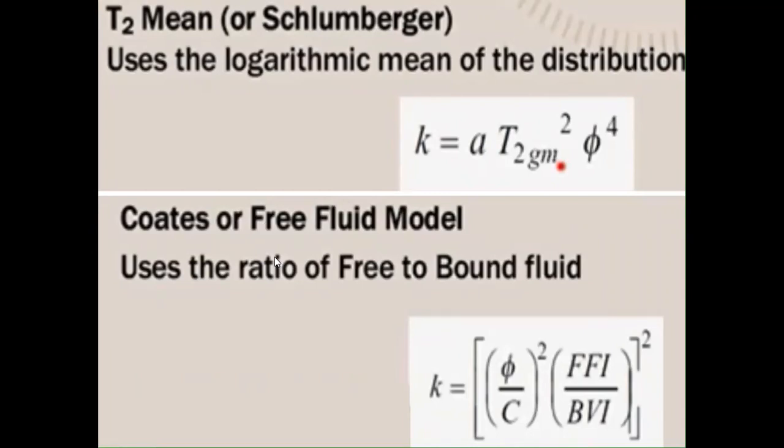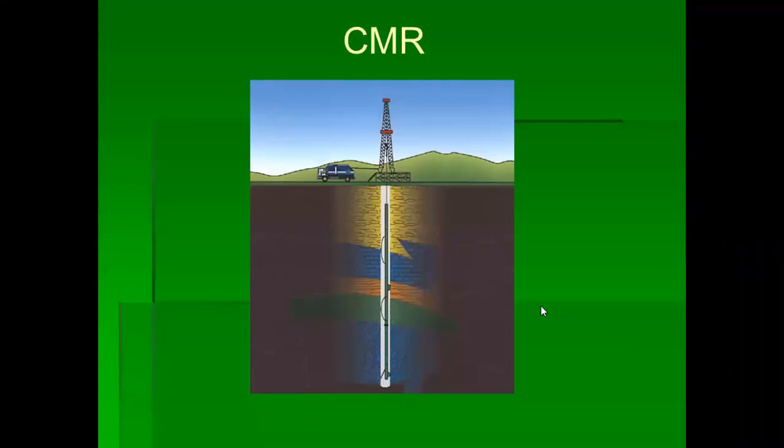The second model, or second equation, is called the free fluid model, which uses the ratio of free fluid volume to the bound fluid volume, and so permeability will be equal to the porosity divided by a constant C, to the power of 2, multiplied by the free water volume divided by the bulk volume irreducible, to the power of 2 here.